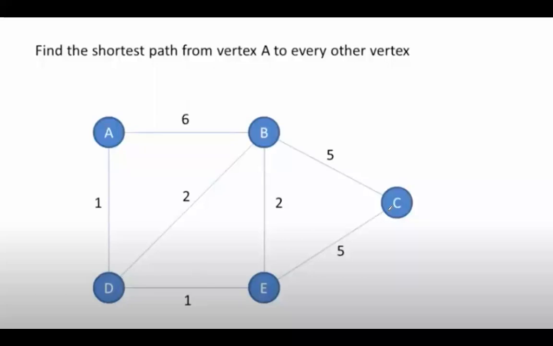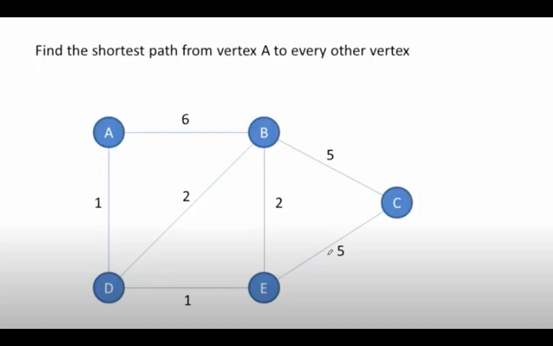A to C. Then which path to take from A to C? A to D and E. It will become 2 plus 5, 7. A, D, E, C. In that way, you can reach C, or you can reach C directly, A to B to C. But here cost is 11.